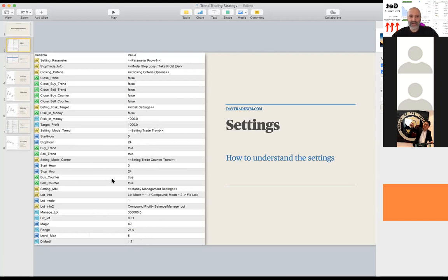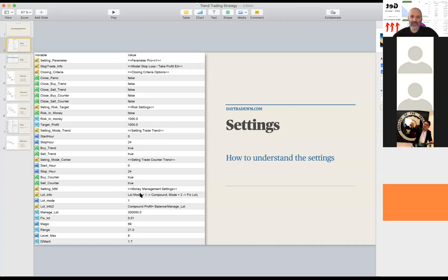We discussed buy counter, sell counter. If you don't want it to trade against the main trend, then you can set these to false. All right. Now, the lot mode, you have two lot modes. You have lot mode 1, lot mode 2. The lot mode 1 is going to compound.